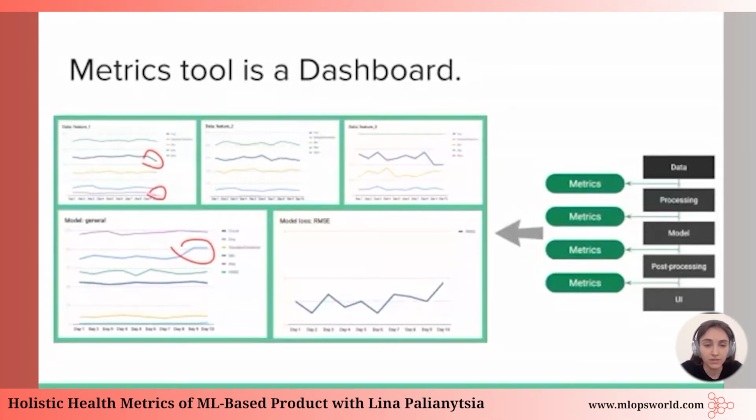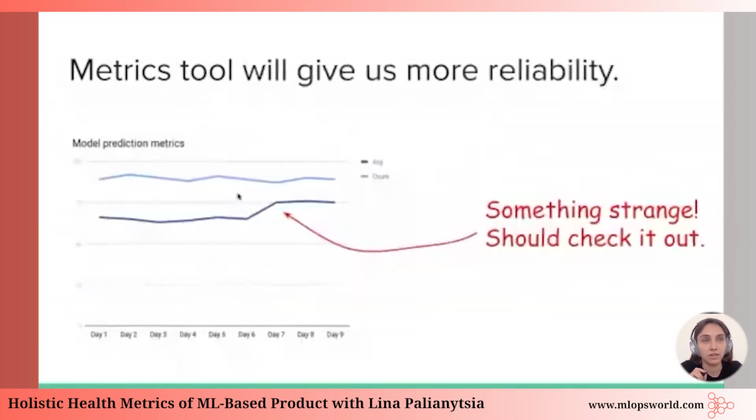And having this metrics tool is going to help you to make your product more reliable. And of course, it doesn't mean that when you have such deviations in your data, it's an error. Maybe it's normal behavior, but it's going to warn you that you should check it out.